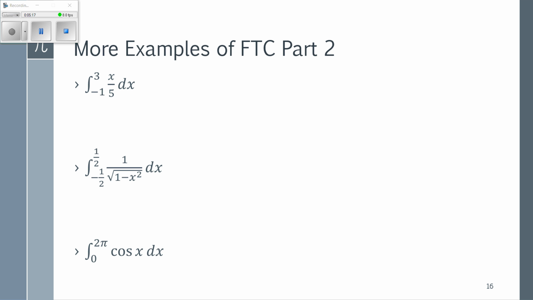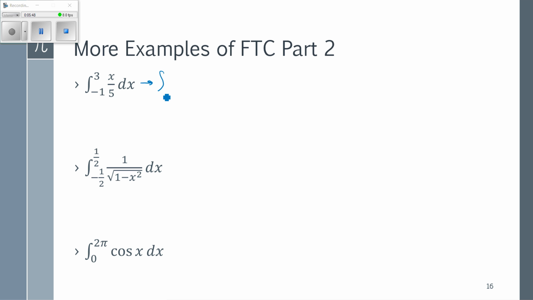If I go to a few other examples here, again, if you want to pause the video, give these examples a try, and then play the video to check your answers, that's great. Otherwise, you can just follow along. We did not talk about a division property for definite integrals because there isn't one. But notice I can rewrite that so that it's a constant multiple. X over 5 is the same as 1/5 x.